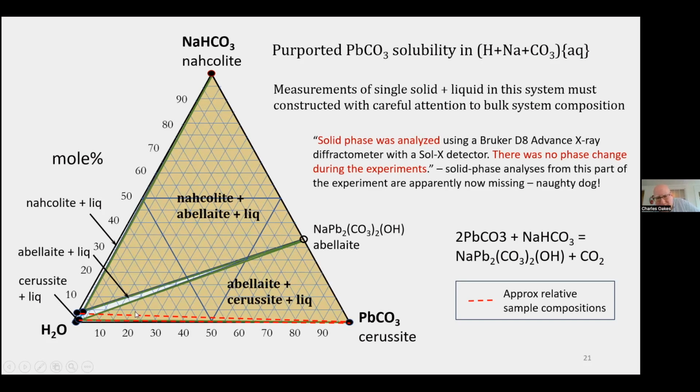Now these orange dashed lines down here represent the range of compositions that were used in the experiment. So his maximum sodium bicarbonate solution is down here. And the way I've drawn this cartoon, his maximum carbonate composition should be up here closer to the abelite stability field.